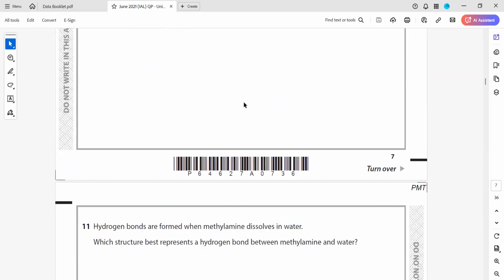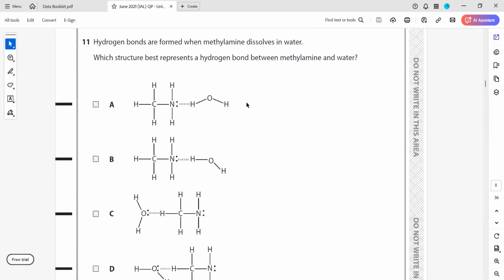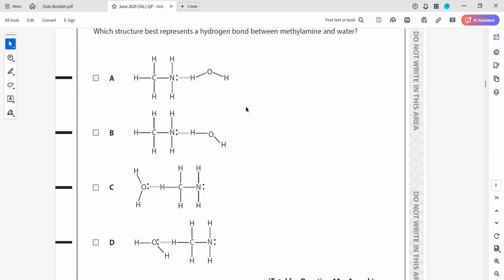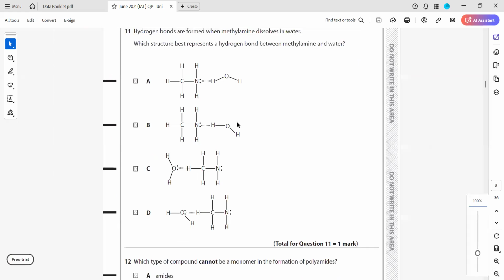Again, it's related to learning the mechanism. Here, hydrogen bonds are formed when methylamine dissolves in water. Which of the following is the best representation? It is important that when a hydrogen bond is formed, the bond angle is 180 degrees. The hydrogen bond is always formed between a lone pair and a hydrogen that is directly attached to nitrogen, oxygen, or fluorine.